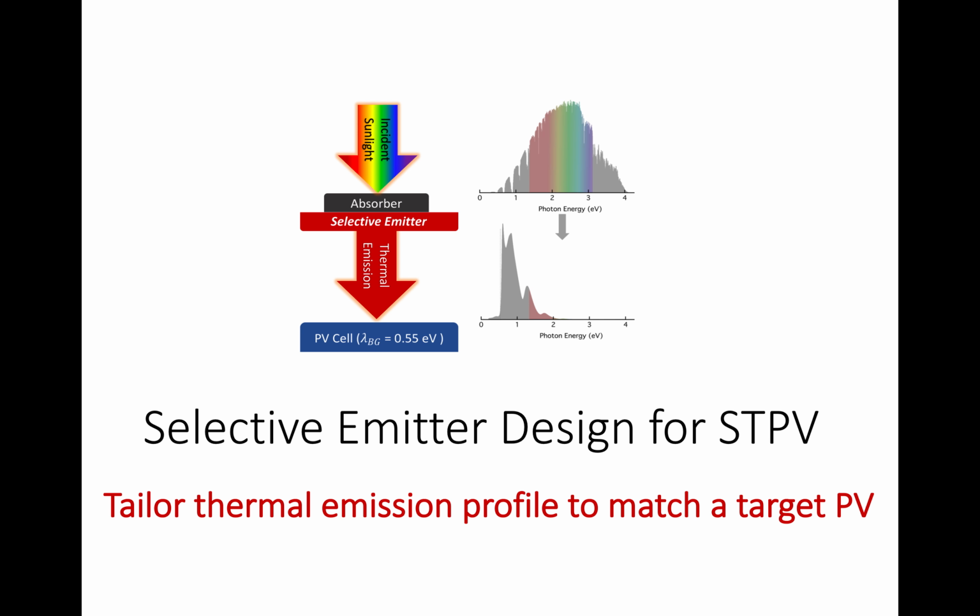So this is one way of harnessing thermal energy, and it's called solar thermophotovoltaics. The idea is fairly straightforward in a way, although how you do it is very challenging. I've got this sun spectrum, which is what actually hits the Earth.